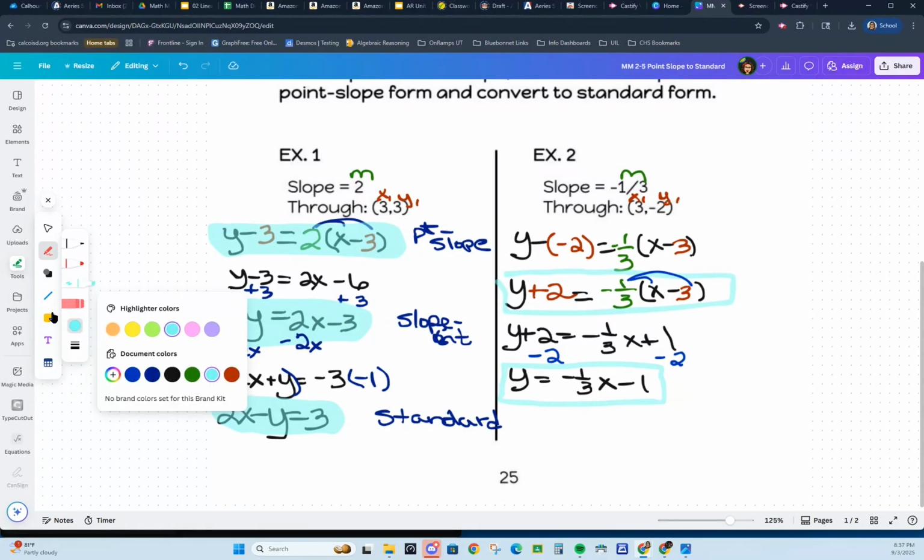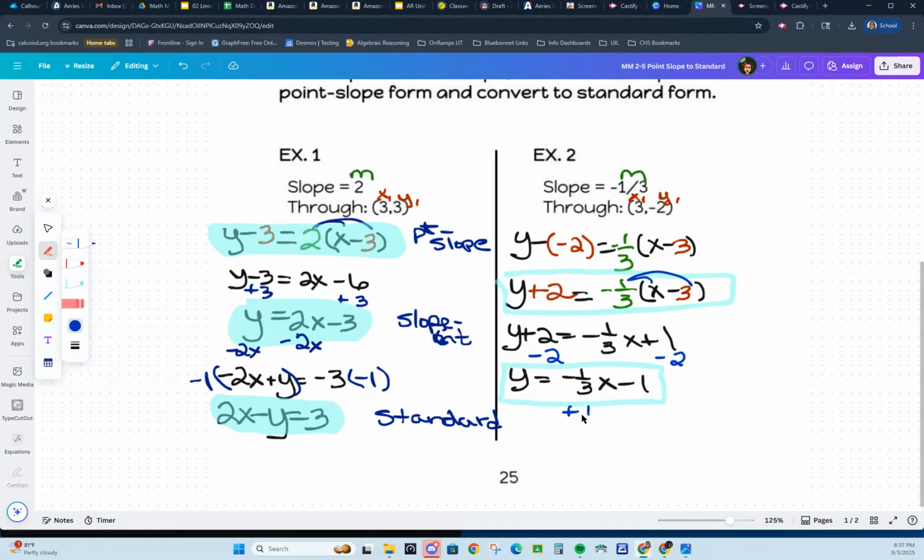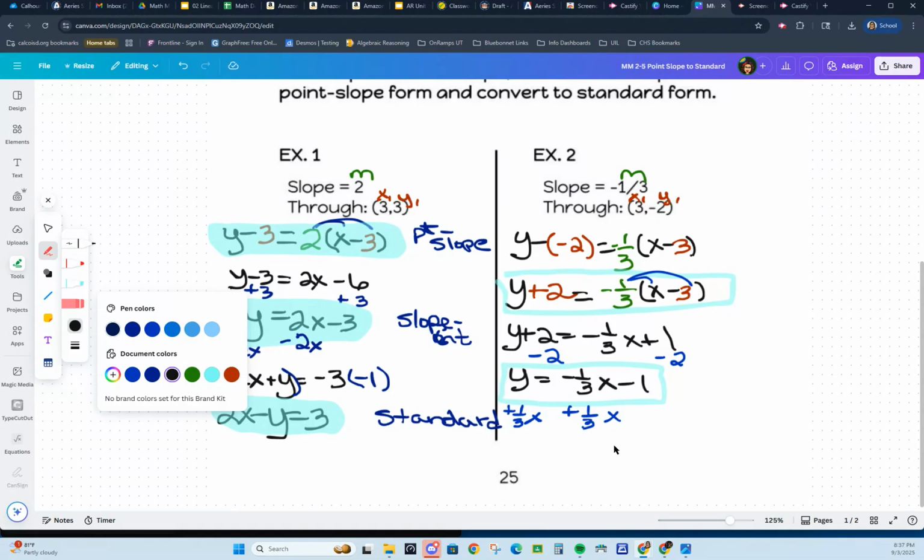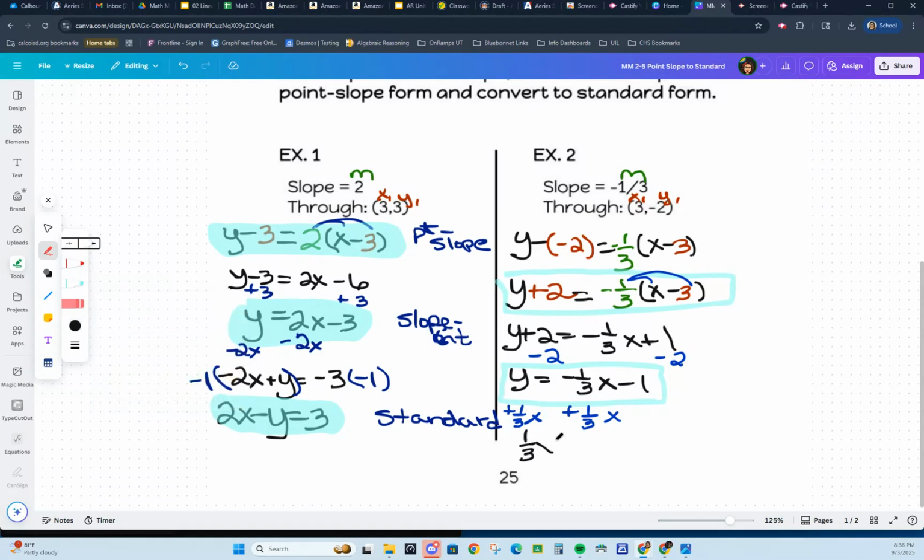Now we want to go in and change that to standard form. So to do that, we're going to add the 1/3 x to both sides. And then after we've done this, we're going to have to multiply the entire equation by 3 to get a whole number.